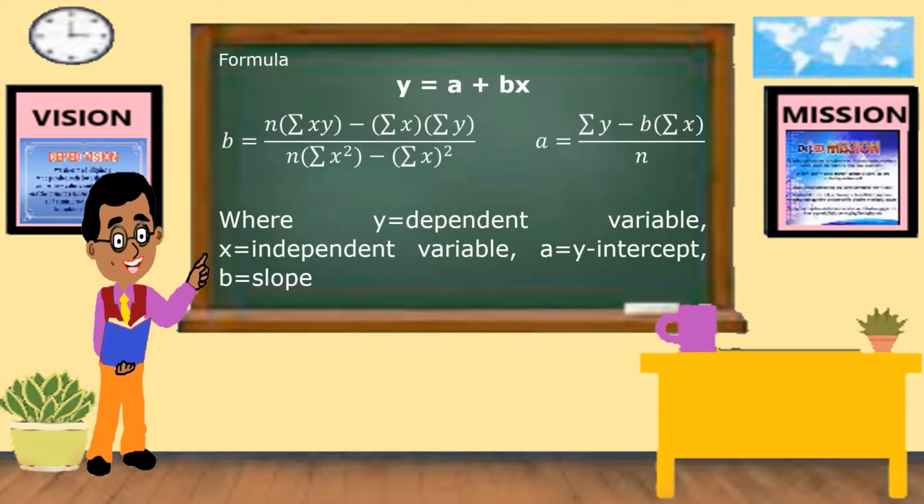Formula. A formula is similar to the slope-intercept form, which is y equals a plus bx. Our b is the slope and our a is the y-intercept.